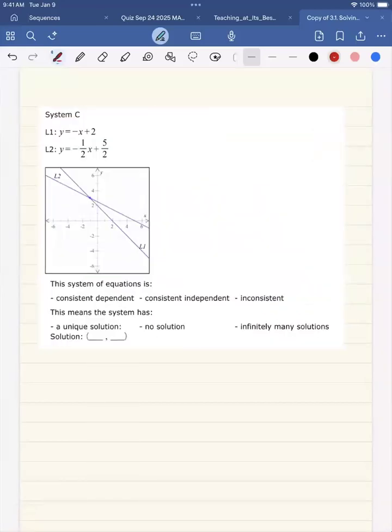In the next system of linear equations, we have two equations. The first equation's slope is -1, and the second equation's slope is -1/2. When their slopes are different, they meet at one point, and that point is a solution.